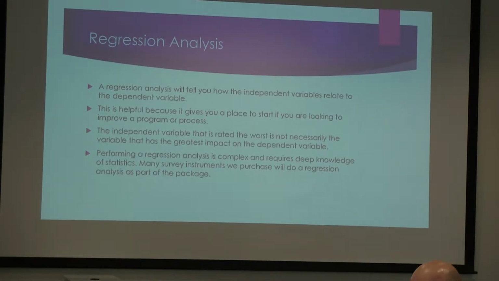Going back to the food pantry example, the area that's rated worst may be the intake process, let's say. So you might think, oh, I'll just improve that and then the satisfaction score will go up. That's not necessarily true, and in fact, the things you're doing the best at are the things that most influence what a person marks on that last question, what they're satisfied on.